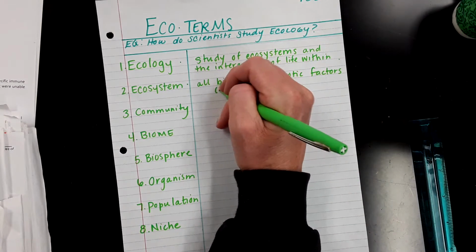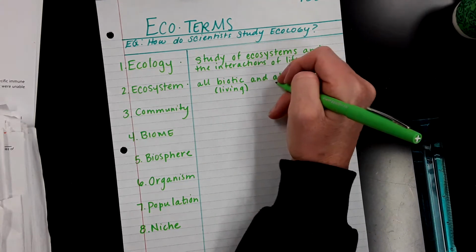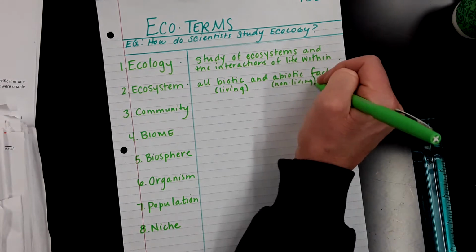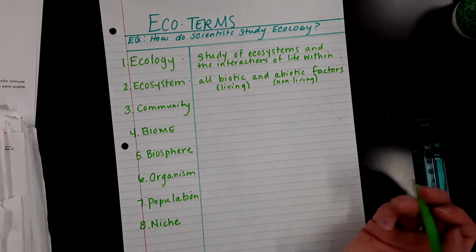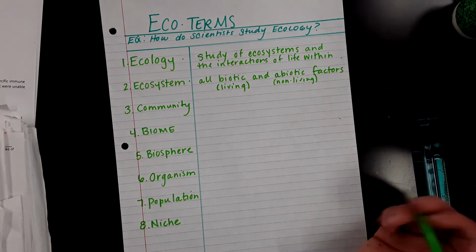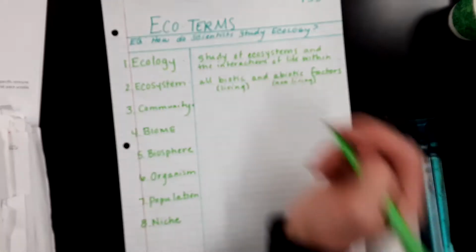Biotic means that they are living, and an abiotic factor is a non-living factor. So biotic factors are living, like bacteria, plants, animals, funguses, and abiotic are going to be things like rocks, the amount of water, the pH of the water, the pH of the soil, the amount of sunlight.